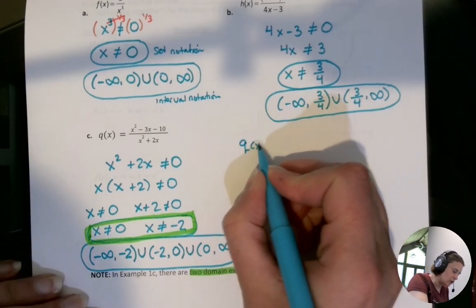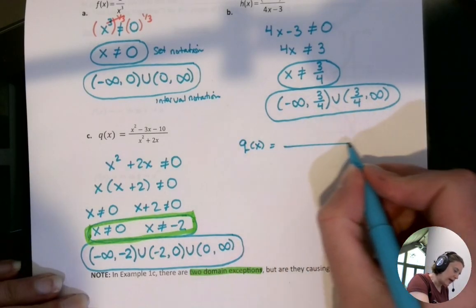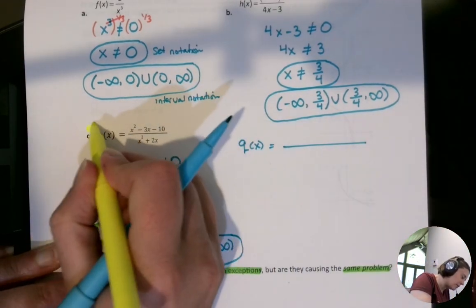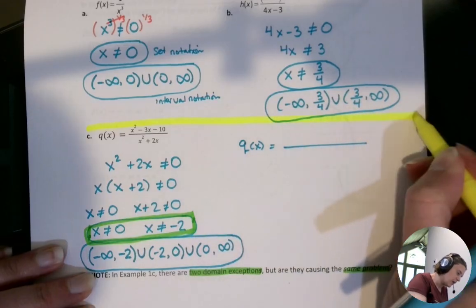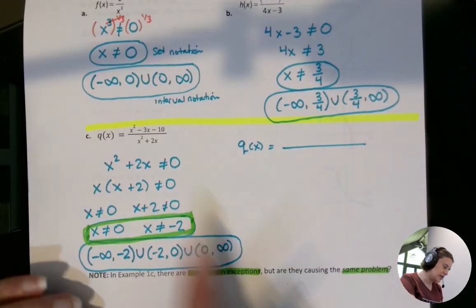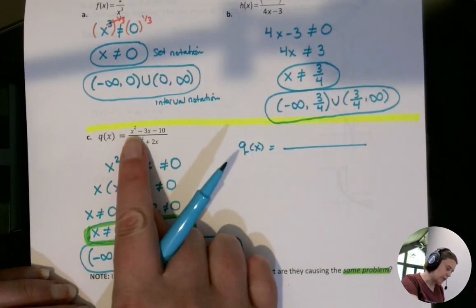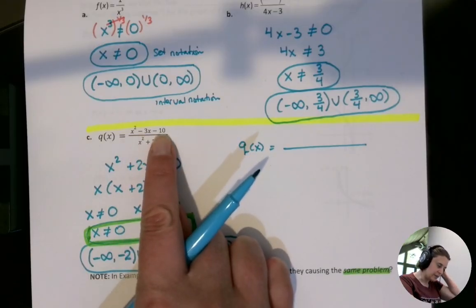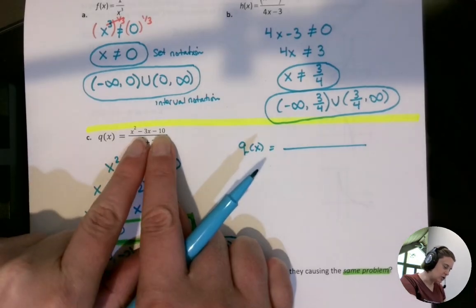So I'm going to take the polynomial q of x, and just to keep the top of the page separate from the bottom, you just draw that line right here. I'm looking at factoring x squared minus 3x minus 10. I need to multiply to -10 and add to -3.